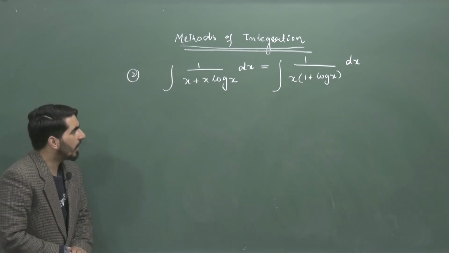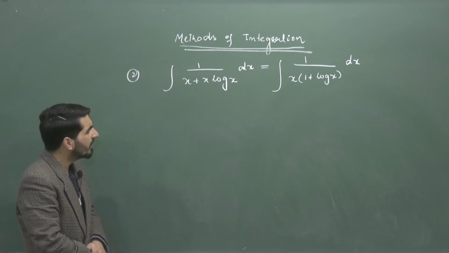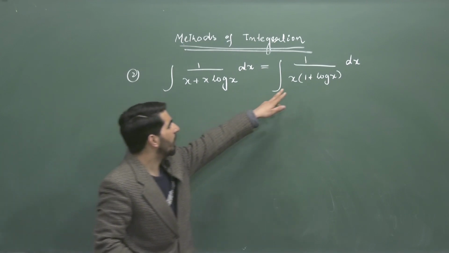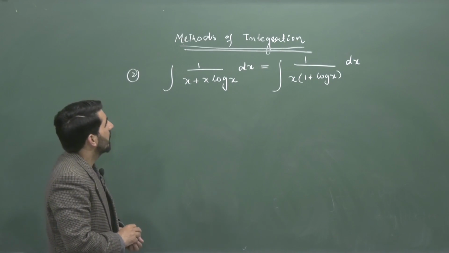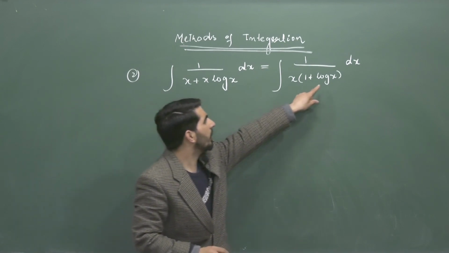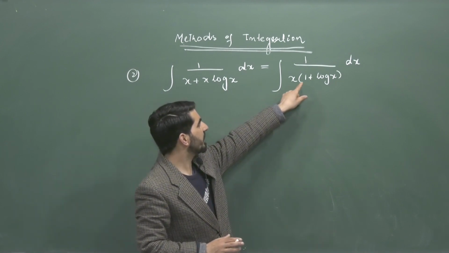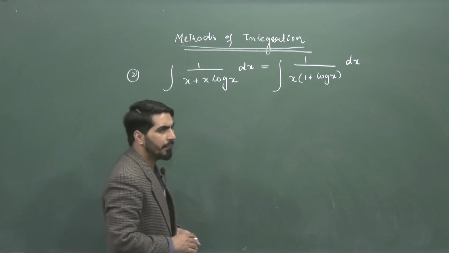Now we have to solve this integral using the substitution method. If we see here, the differentiation of log x is 1 by x, so the differentiation of 1 plus log x is again 1 by x.